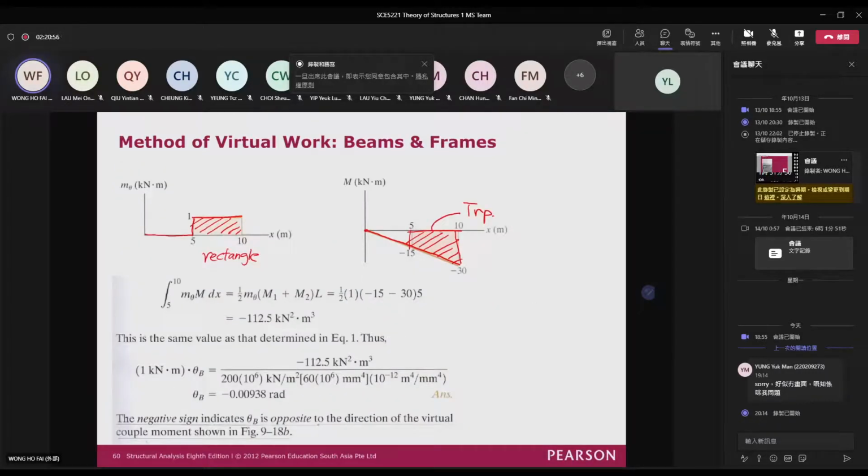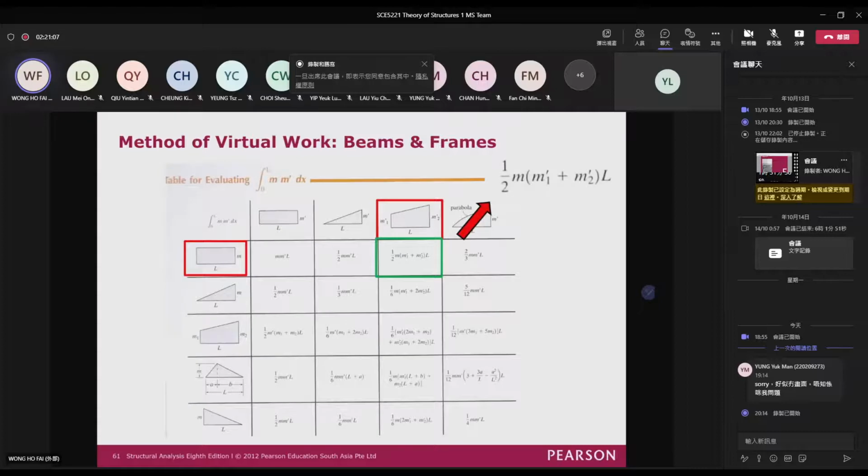And then I just mentioned that in terms of the shape of the bending moment diagram, actually one is a rectangle, the other one is the trapezoidal area. And actually you can use a so-called integration table. Then you have the rectangle here and then multiply with a trapezoidal area. So from here, first of all, this is m. M is the moment here. And then this is m1 dash plus m2 dash. That means it is the length of the size of the trapezoidal area.